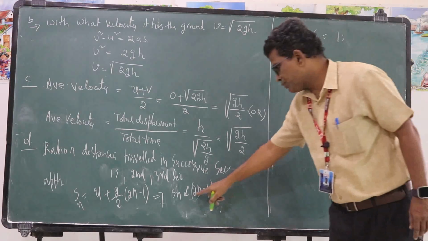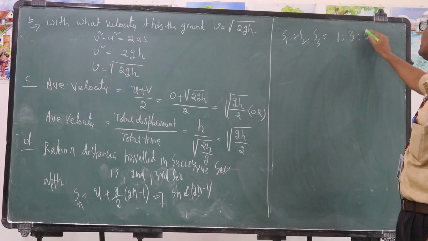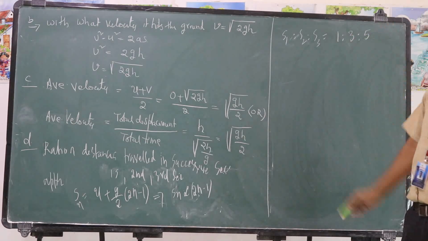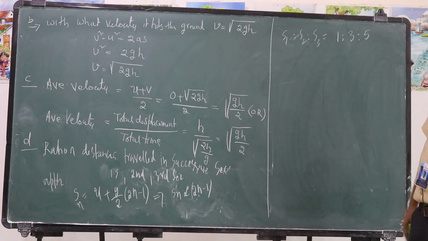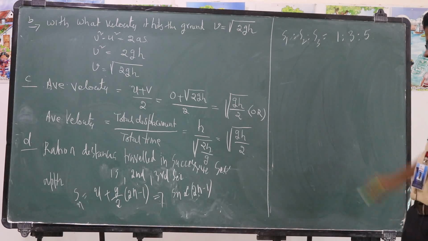Then n equal to 2, 2 into 2, 4 minus 1, 3. So 1 is to 3 is to 5. The next one is 7 and so on. So the ratio of distances traveled in successive seconds is 1 is to 3 is to 5 and so on.